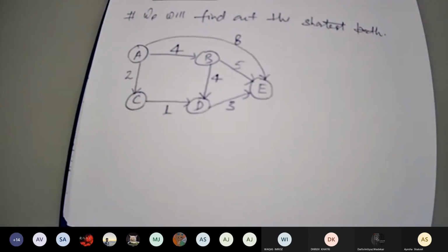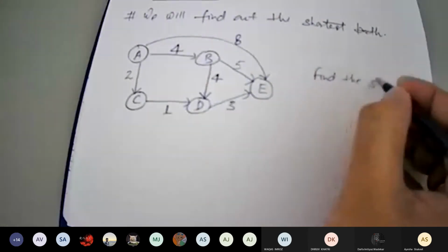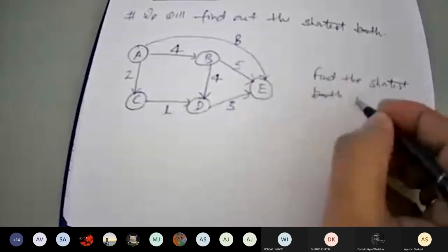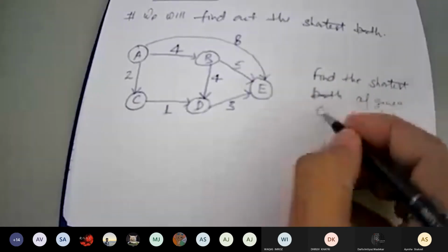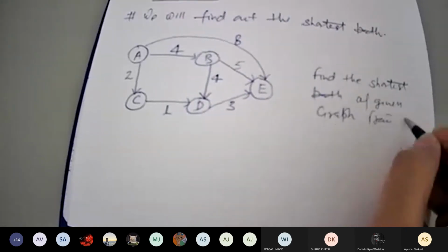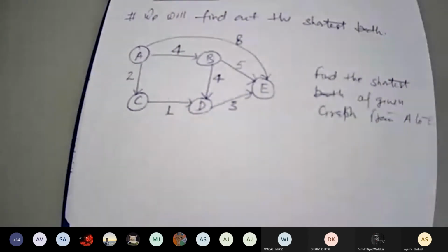Okay. Now, if the question is to find the shortest path of a given graph from A to E, means you have to start from A and reach E, which path should you follow?